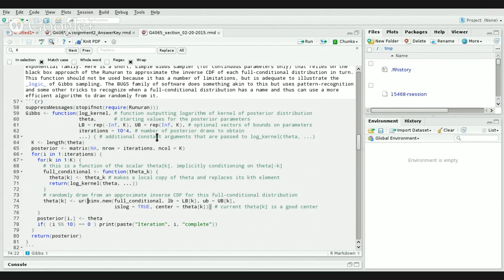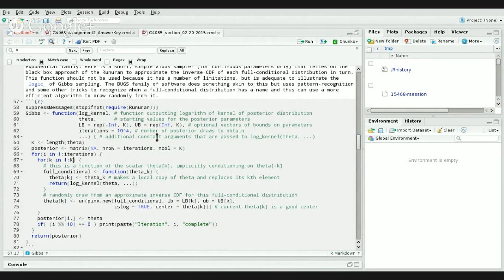full conditional distribution. We can use lower bounds or upper bounds if that is appropriate for the kth parameter. And we'll use the existing draw of theta k as our center in order to improve the accuracy of the uniroot thing. And then we just take one draw from that, put that into the kth element of theta, and then move on to the next element of theta on the inner loop.